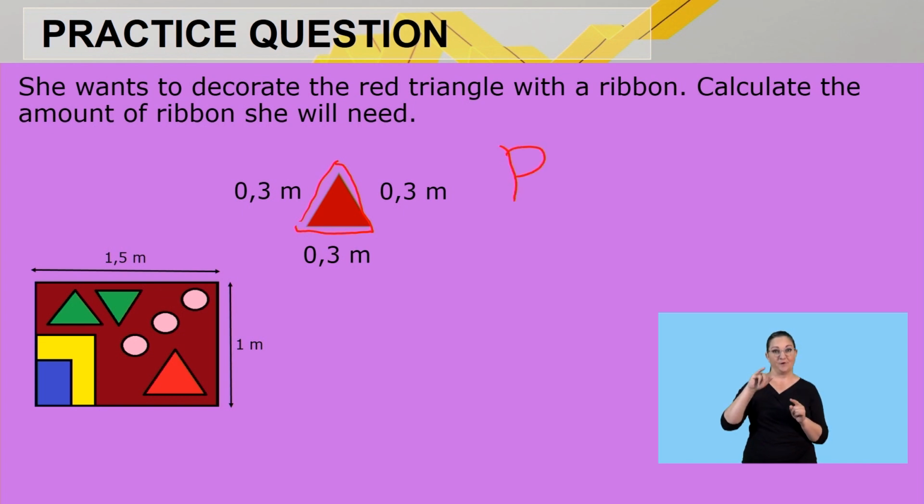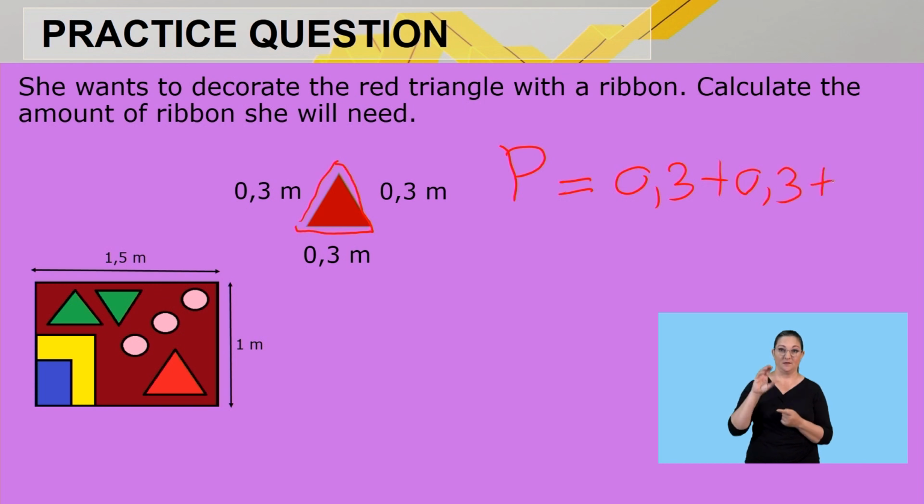So my perimeter is going to be 0,3 plus 0,3 plus another 0,3, and after you punch it in, I hope that you're working with me, it is 0,9, and the unit we're working in is meters.